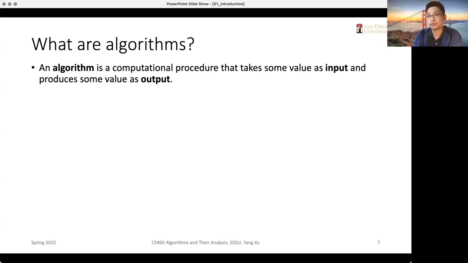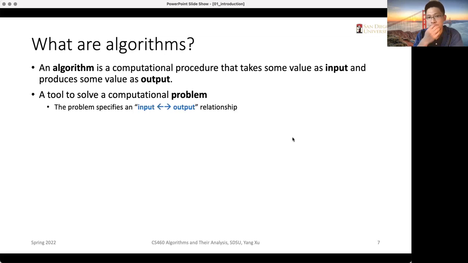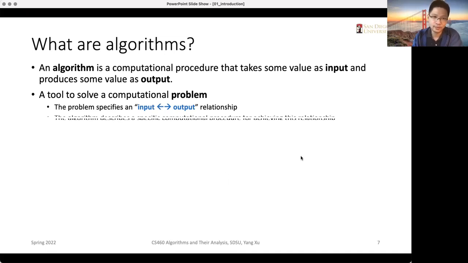This procedure is called an algorithm. It is a tool that we use or invent to solve computational problems. It's the map between the inputs and the outputs at a very abstract level.